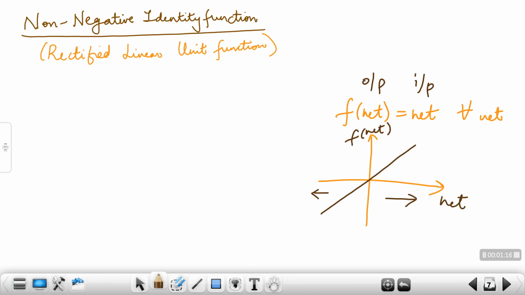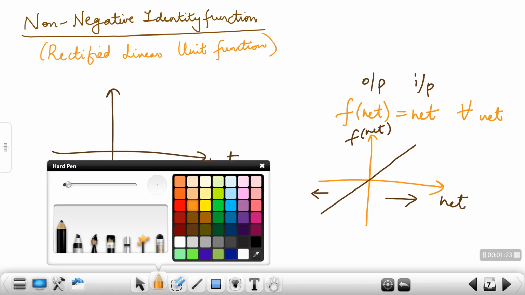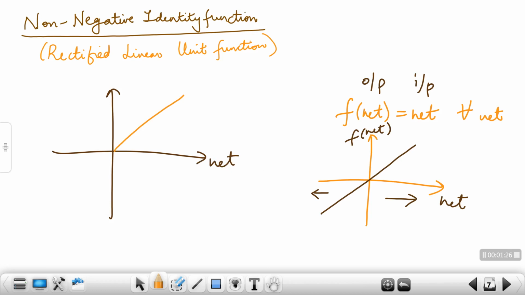So only for the positive values of net, f of net is equal to net, and for the negative values of net, f of net is equal to 0. This is a non-negative identity function.